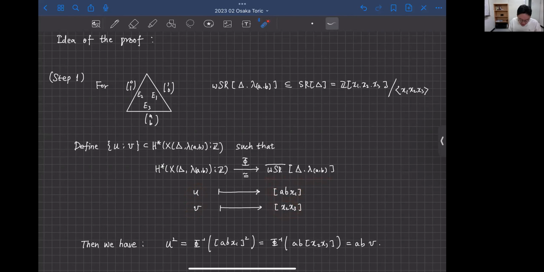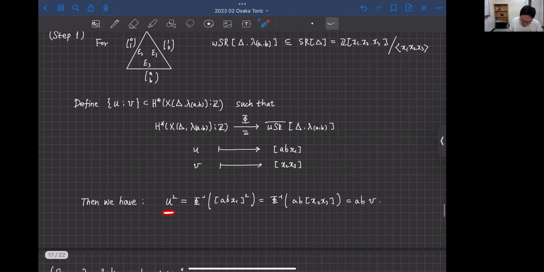So let's define this u and v. Define means it involves some orientation, plus minus sign. But anyway, we have this u and v. We can define u and v such that u maps to the degree 2 generator x1, and the degree 4 generator v goes to x2 x3.